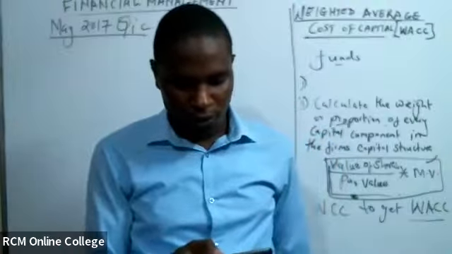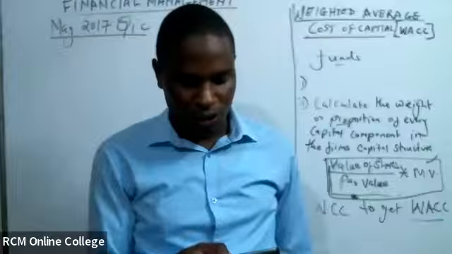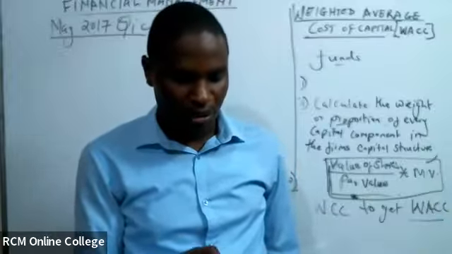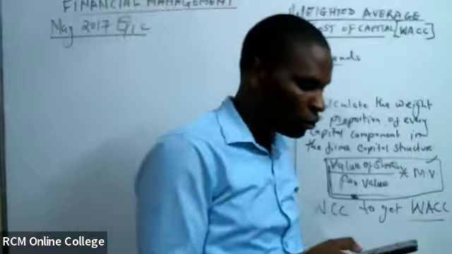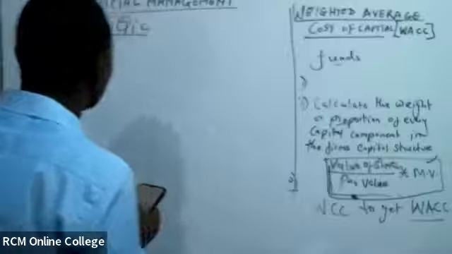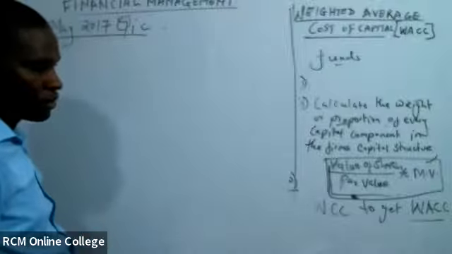And then the cost of ordinary share capital, cost of 10% debenture, the cost of 8% preference share, and then the WACC of the firm. That's a very standard question. It's a question that will help us to know more, so I call upon everyone to be very keen to see how we are tackling this.